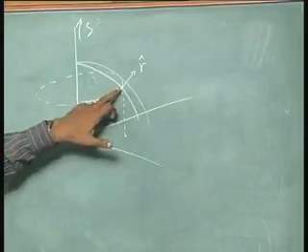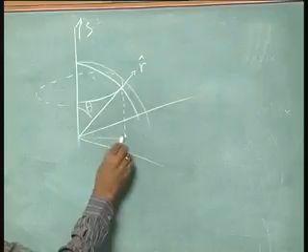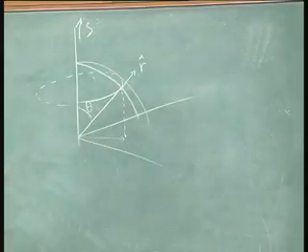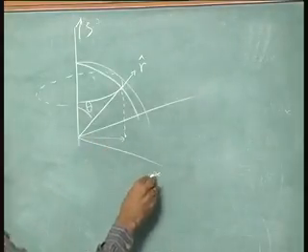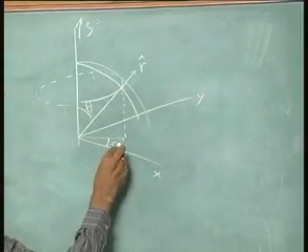That point, if you take this point and project it onto the xy plane, you get a vector in the xy plane. This is x, this is y, there is an angle here. This angle is called phi.